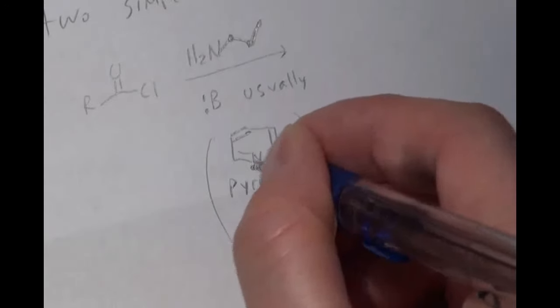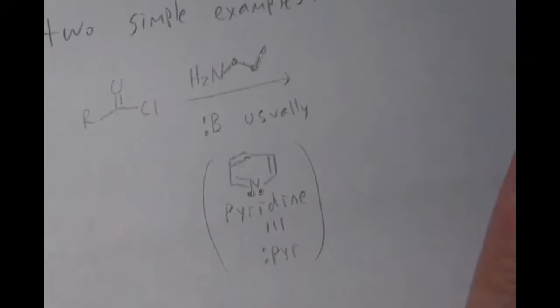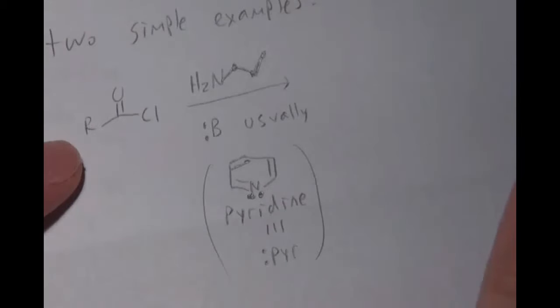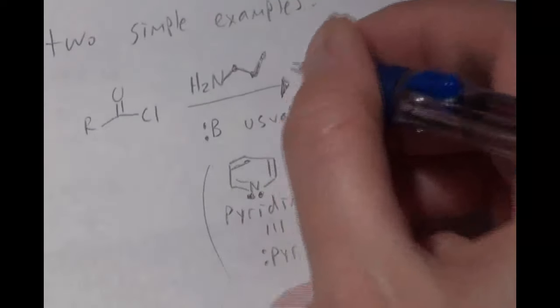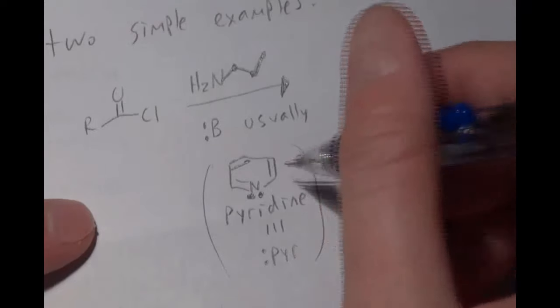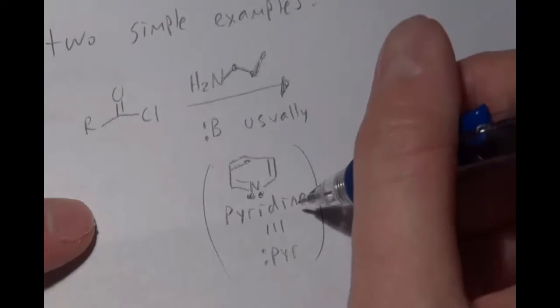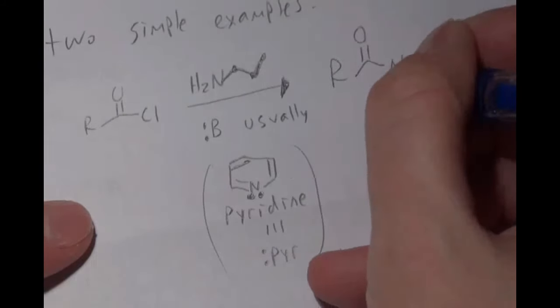And it's just a mild base that's really good for these acylation reactions. It is very stinky, and it also causes sterility in men. So anyway, yeah, it stinks really horrible. So maybe someday you'll have the pleasure of smelling pyridine, and you'll think about how I told you how bad it stinks. Okay, the product is an amide.